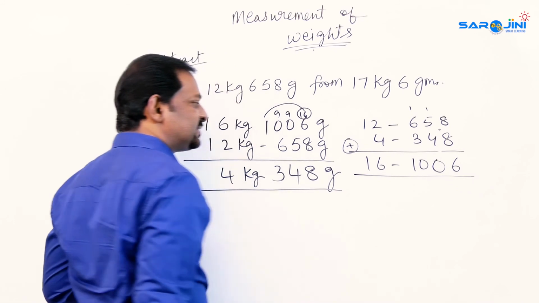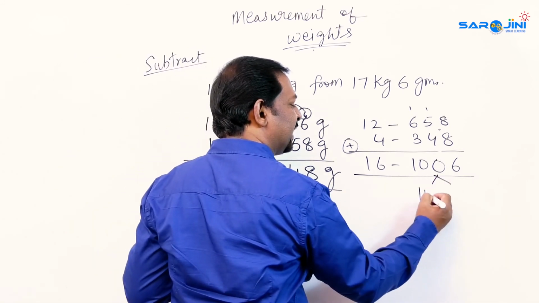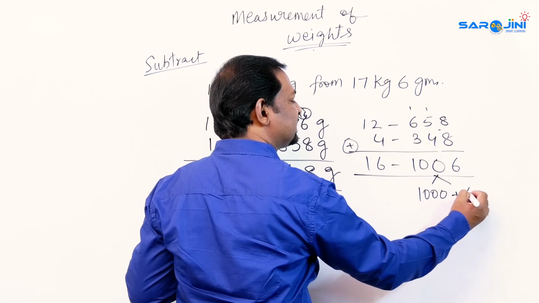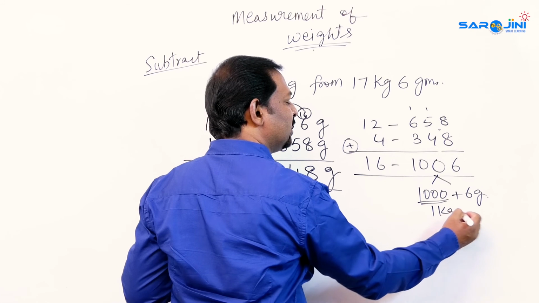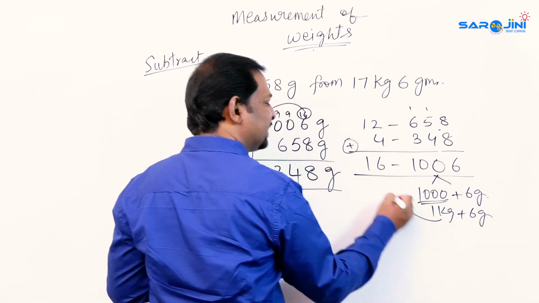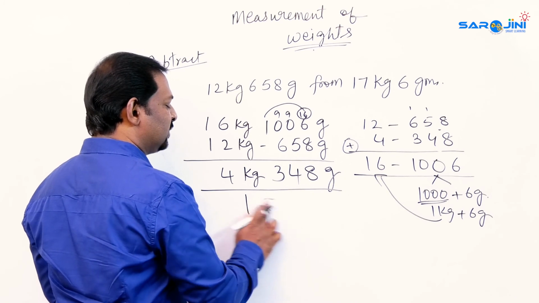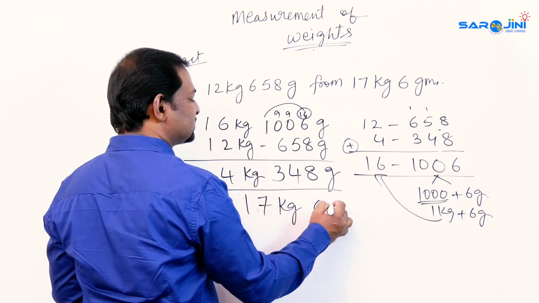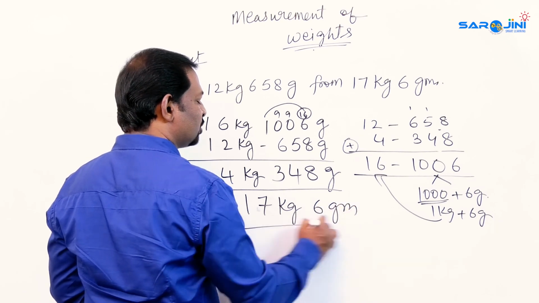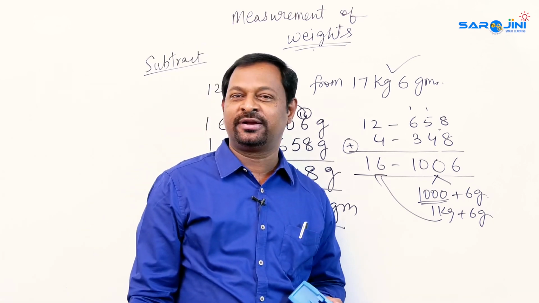So 16 kg 1006 grams is coming. Here you can split as 1000 plus 6 grams. So 1000 grams is nothing but 1 kg plus 6 grams. 1 kg if you add to this one, you will get 16 plus 1, that is 17 kg and 6 grams. So which is the right answer. So hope you understood this one.